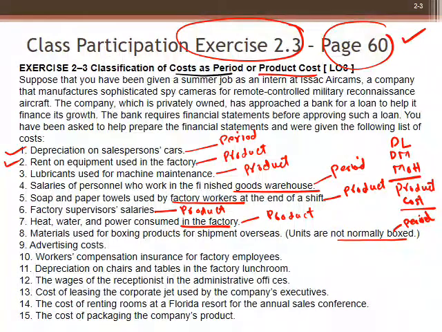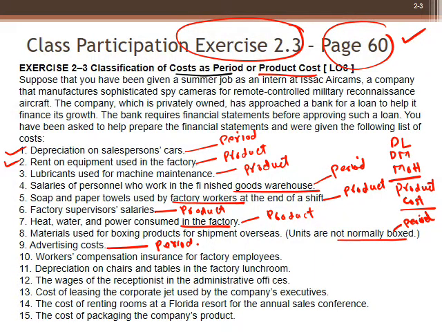If that is not a normal production process, and it is only for special kinds of equipment, which means that is packaging or supporting the sales or securing the orders, that belongs to the selling part, which is period cost. Advertising cost, no doubt, is a period cost.